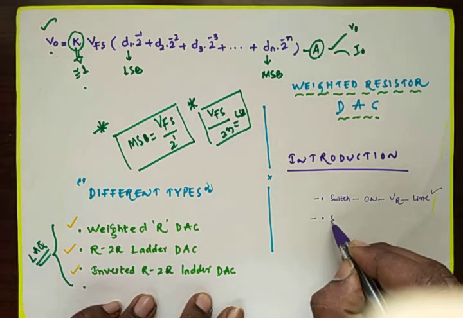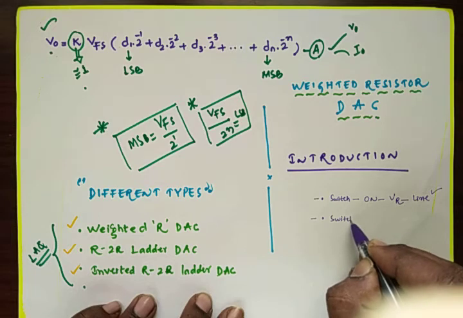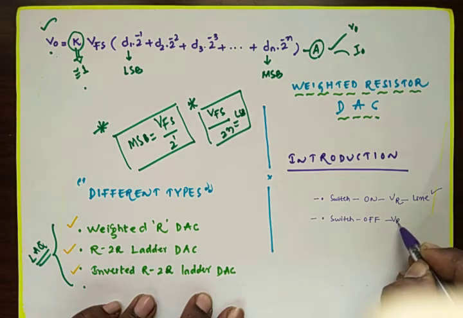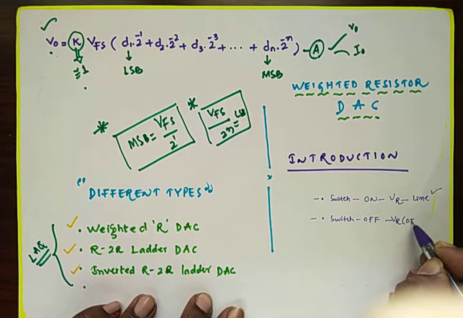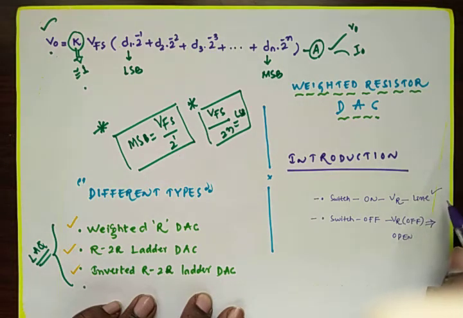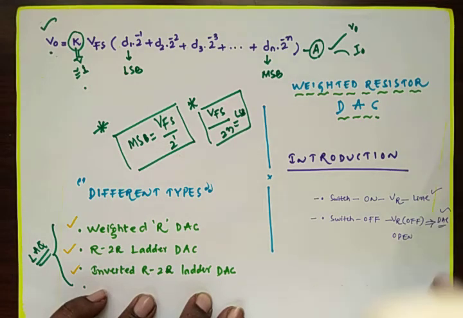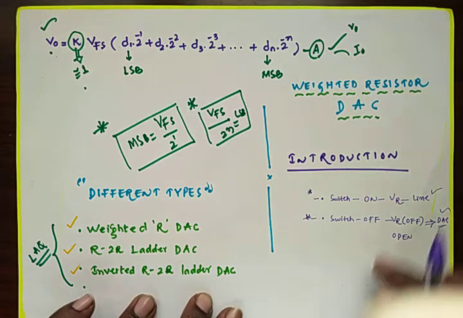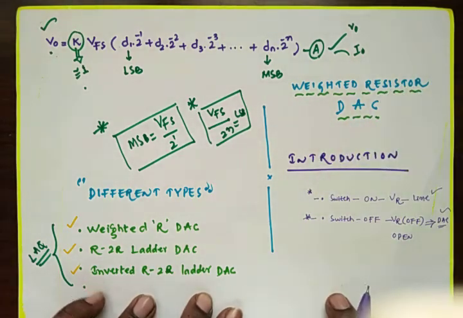If the switch is off, then VR is not applied. That means it is an open circuit, so no voltage is carried to the DAC and no output is provided. Based on these two operations, we have the weighted resistor digital to analog converter.